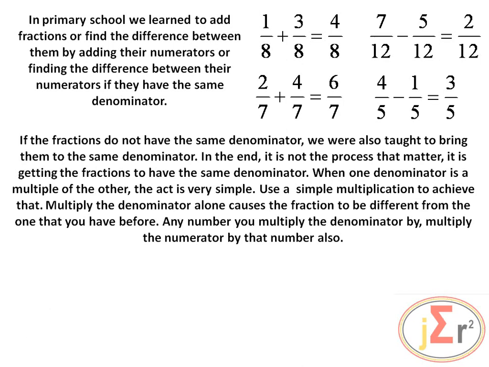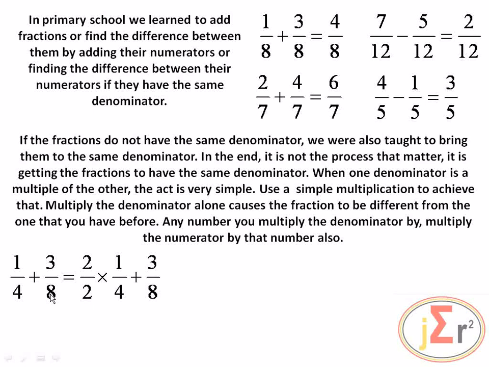Multiplying the denominator alone causes the fraction to be different from the one that you had before. Any number you multiply the denominator by, multiply the numerator by that number also. So here we have a particular case: 1 over 4 plus 3 over 8.